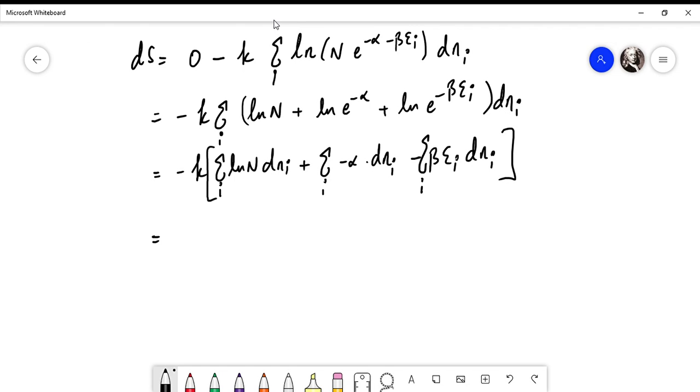So again, ln n is just a constant because there's a fixed number of particles. So summation of I dni, again, it's 0. Let me write it so that you understand what I'm saying.